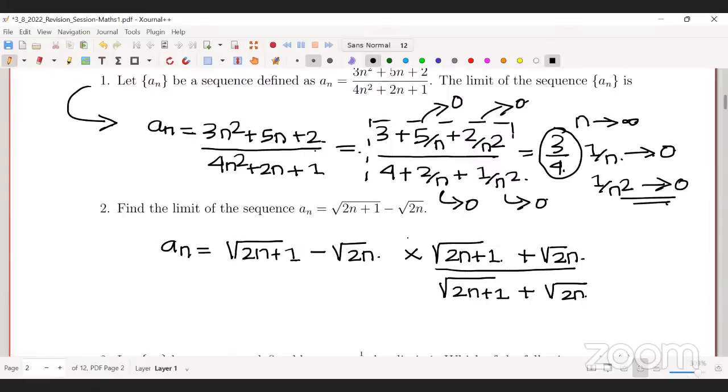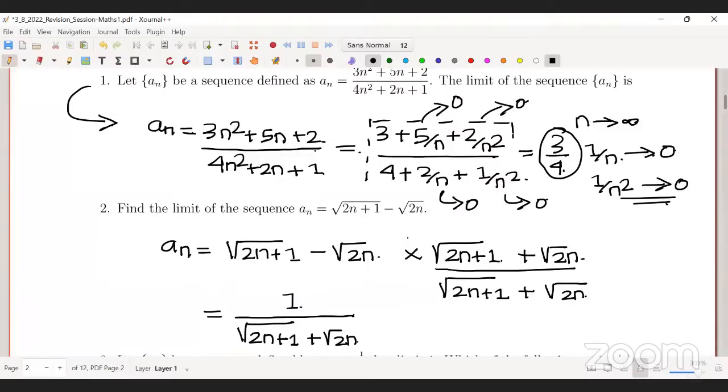So what will happen to this numerator? What will I get in the numerator? 2n plus 1 minus 2n, which is 1, correct? So I can cancel this out, and finally I will get 1, right?